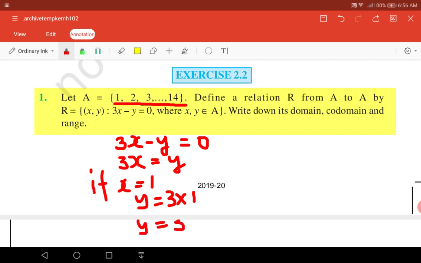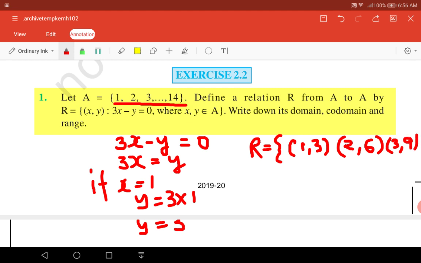So our first ordered pair will be (1, 3). Then our second ordered pair, if we put 2 instead of x, then y will be 6. When x is 3, then y will be 9. When x is 4, then y will be 12. 4 threes are 12. So whatever value of x you put, multiply it by 3 and you will get the value of y, and your ordered pair will become like this.